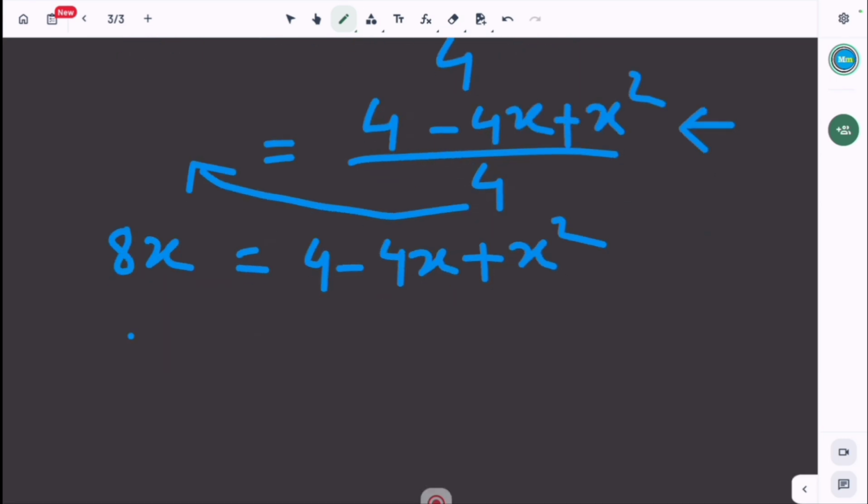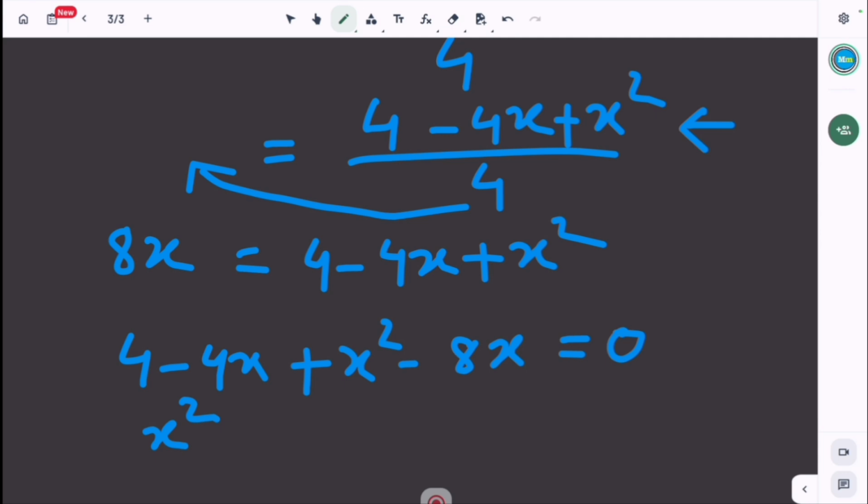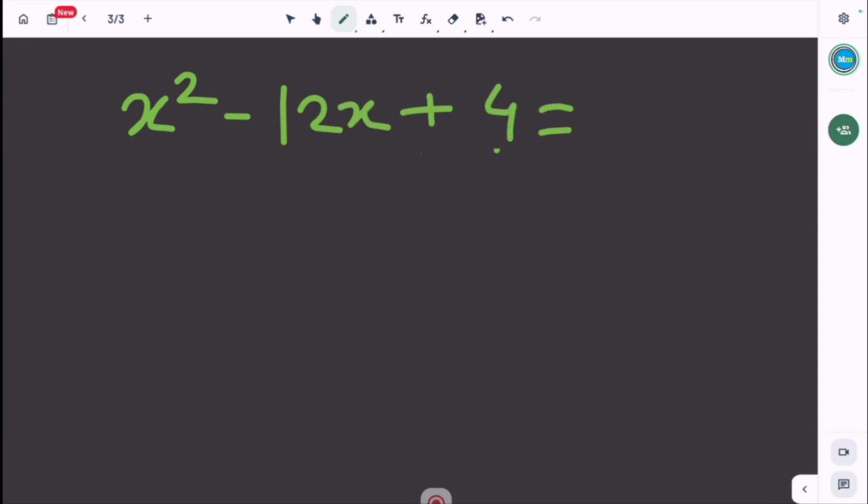Then 4 minus 4x plus x square minus 8x equals 0. Then x square minus 12x plus 4 equals 0. We get x square minus 12x plus 4 equals 0.